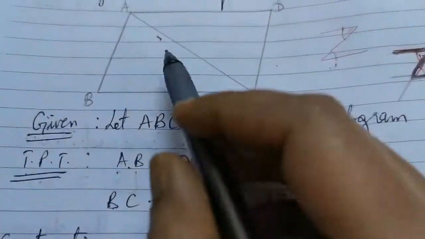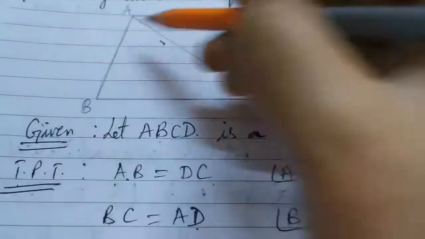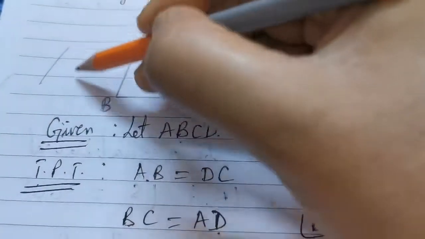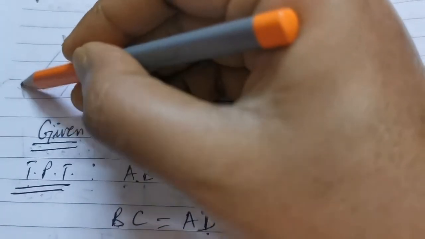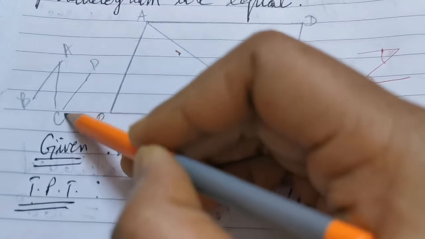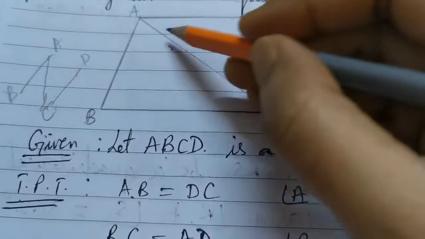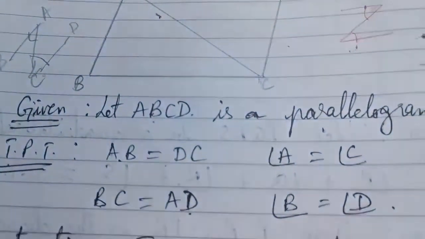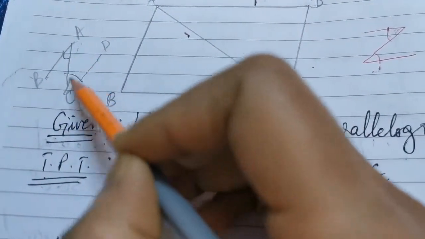Now when AC is the transversal, if you look at the figure, I have AB here, DC here: A, B and D, C. So when AC is the transversal, my Z shape is in this way. So my alternate angles are these two angles. So what are these two angles? BAC and ACD.